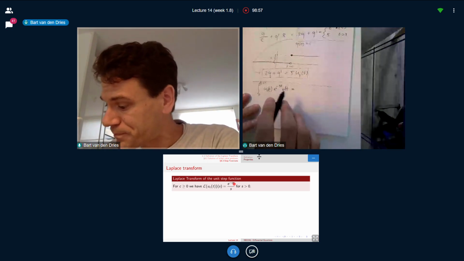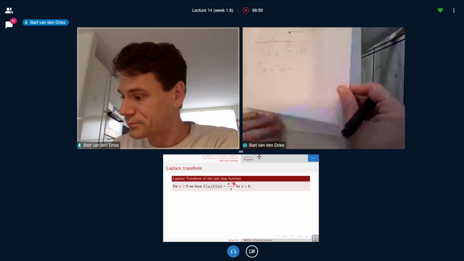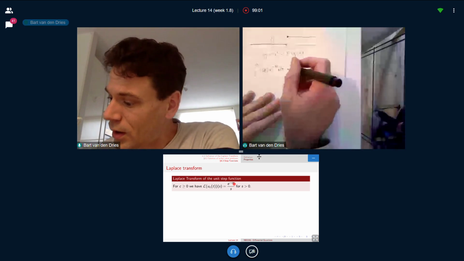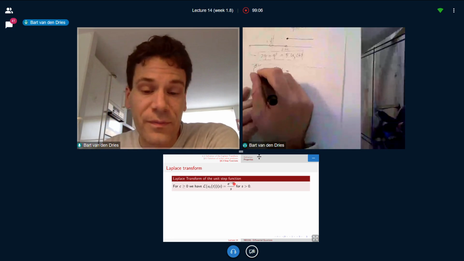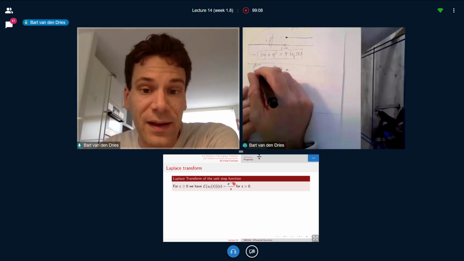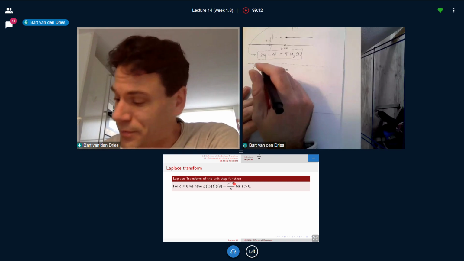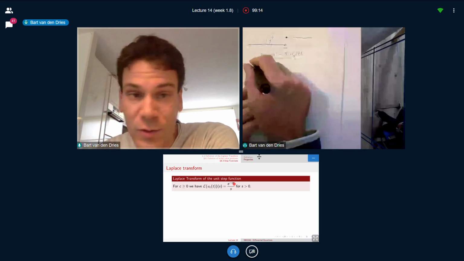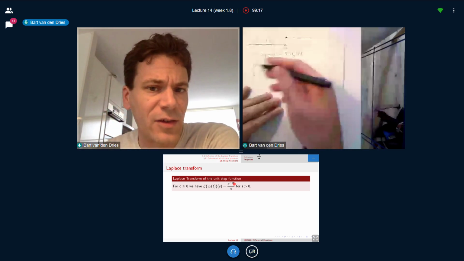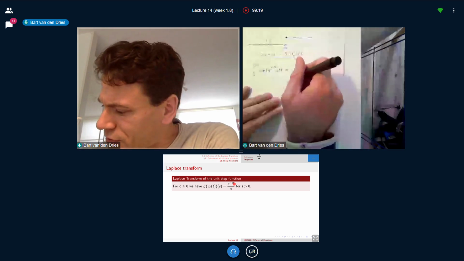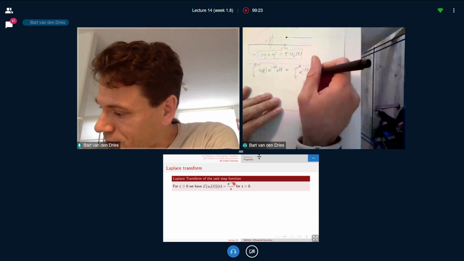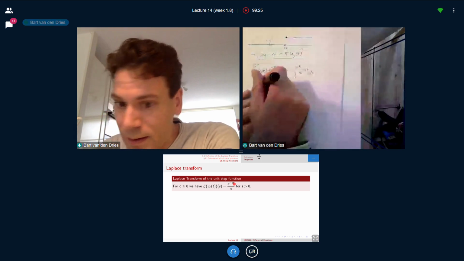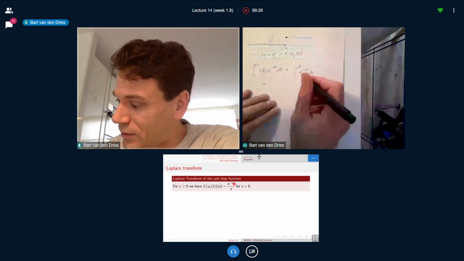What is this? Well, this is 0 if t is smaller than c, and 1 if t is bigger than c. And since we assume a to be bigger than c because we're taking the limit of a to infinity anyway, we can just take the integral from c to a of e to the power minus st dt. And this is equal to what?